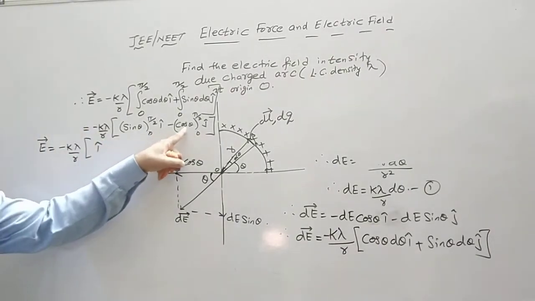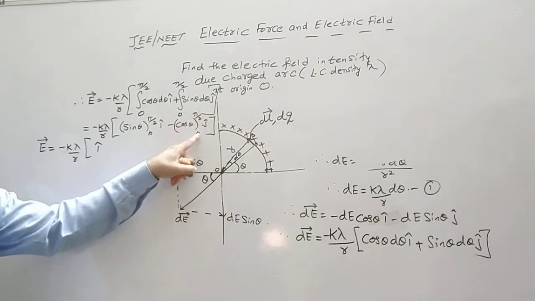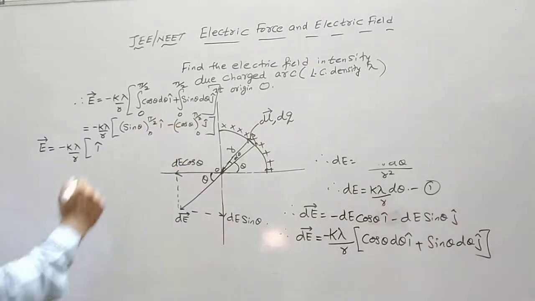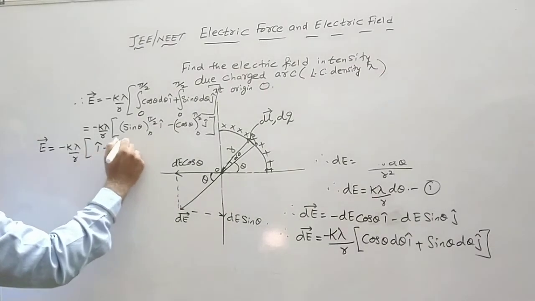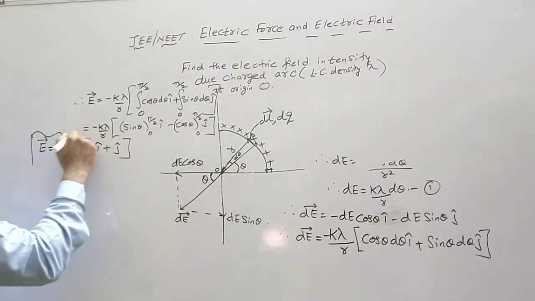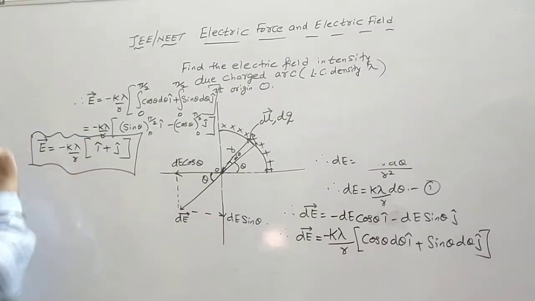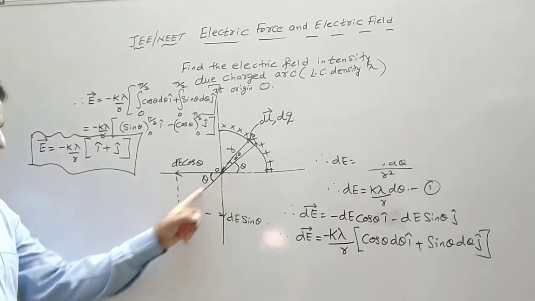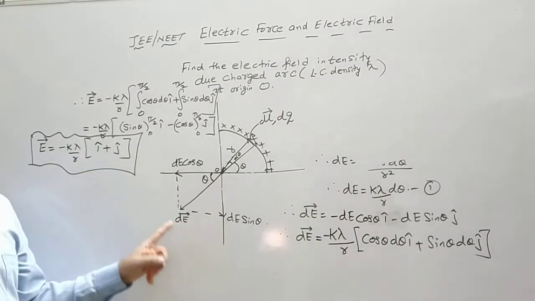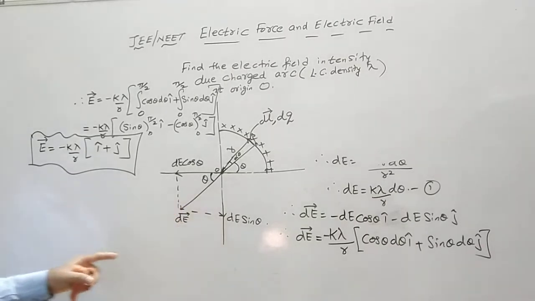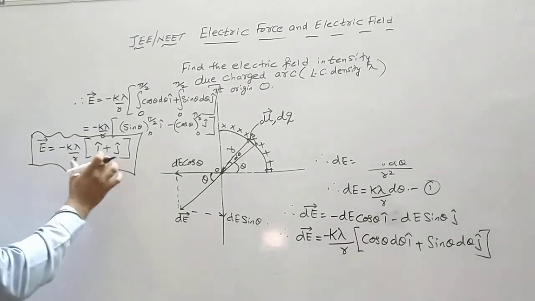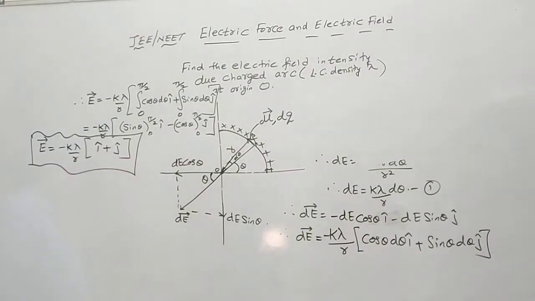We have a minus sign, cos 90 minus cos 0. Cos 90 is 0, cos 0 is 1, minus minus plus, so plus j. If I open the bracket, this minus is taken inside, so clearly our electric field intensity should be in the third quadrant. So from this answer also we can say that we derived the right expression.